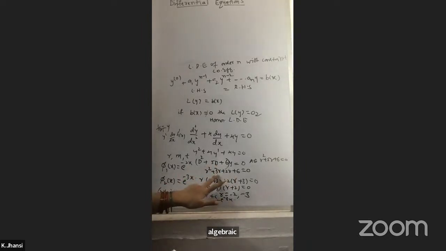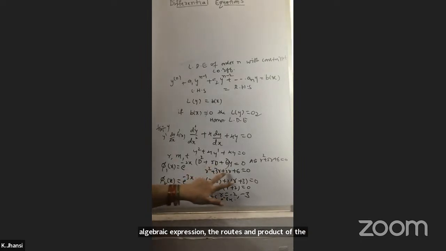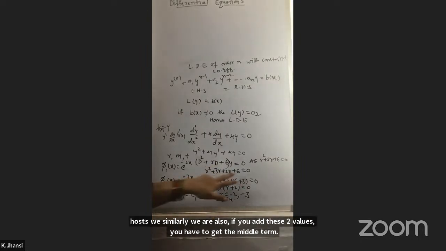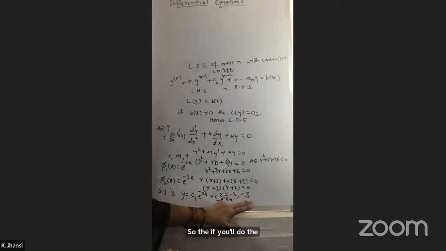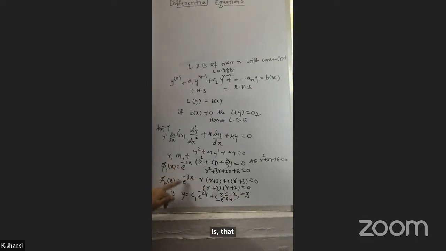Similarly here also, if you add these two values, you have to get the middle term, and if you multiply these two terms, you have to get the last term. If you do the factorization, you will get the two roots. If the roots are distinct, here minus 2 and minus 3, we can separate them as solutions. This is one linear independent solution, and this is the second linear independent solution.